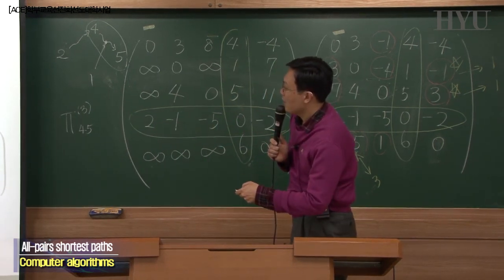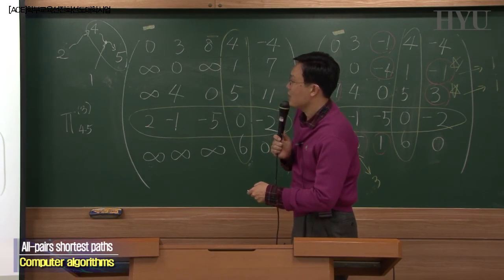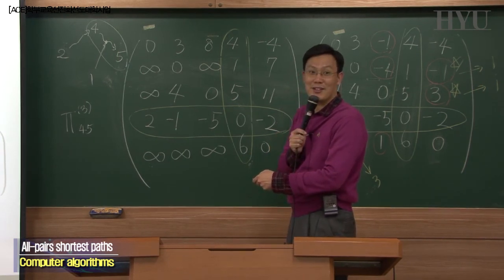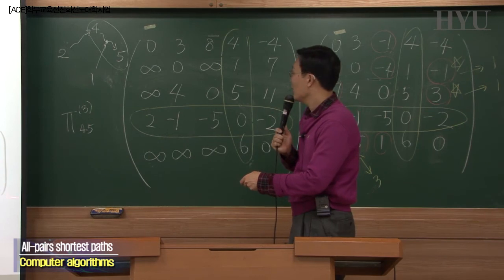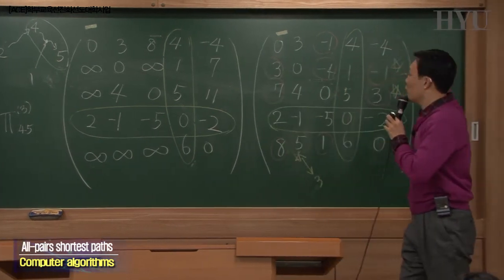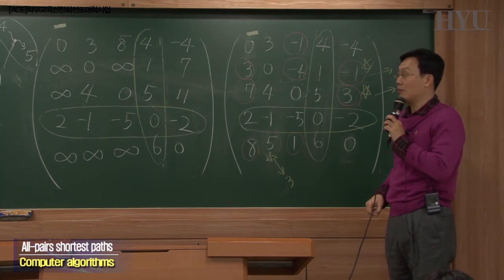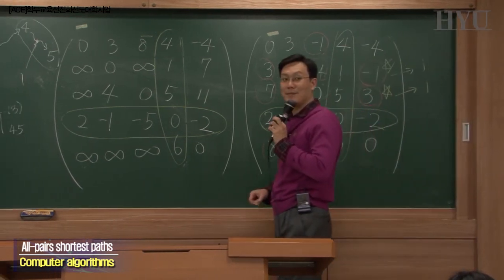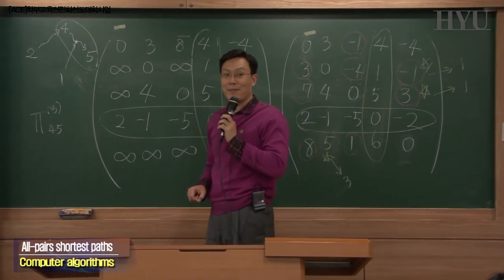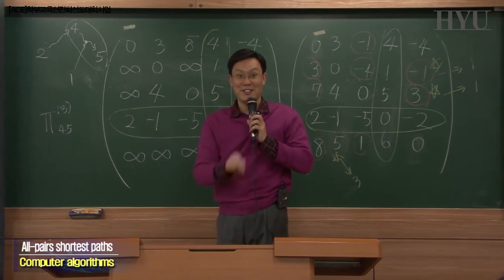Look at this. Pi 3, 4, 5. It's 1. Okay, I found it. Because it is 1, we write 1 here in the pi table. Understand?